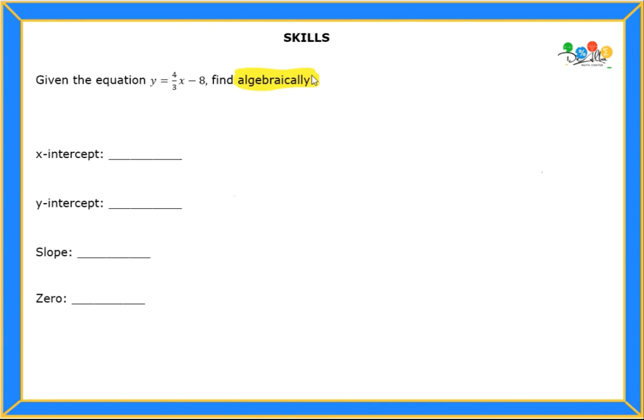So the first thing I'm going to do is write down the equation that is given to me. The equation is y equals 4/3 x minus 8. The first thing that I need to find is the x-intercept. Let's see if we remember something about the x-intercept.